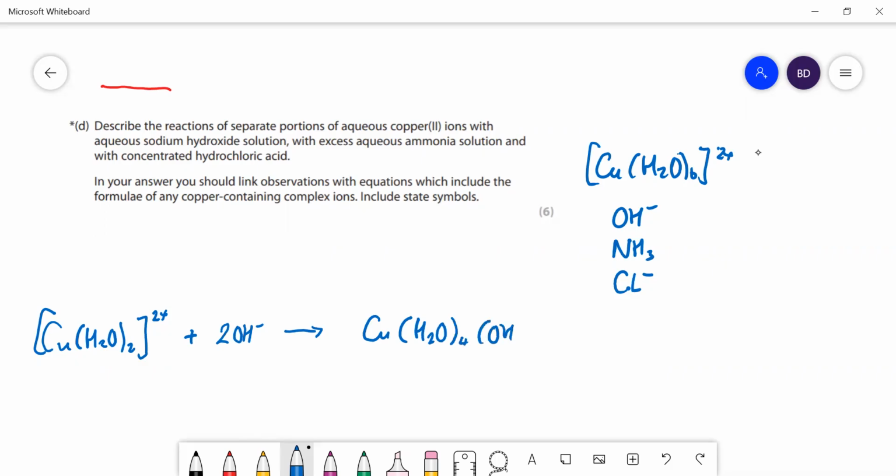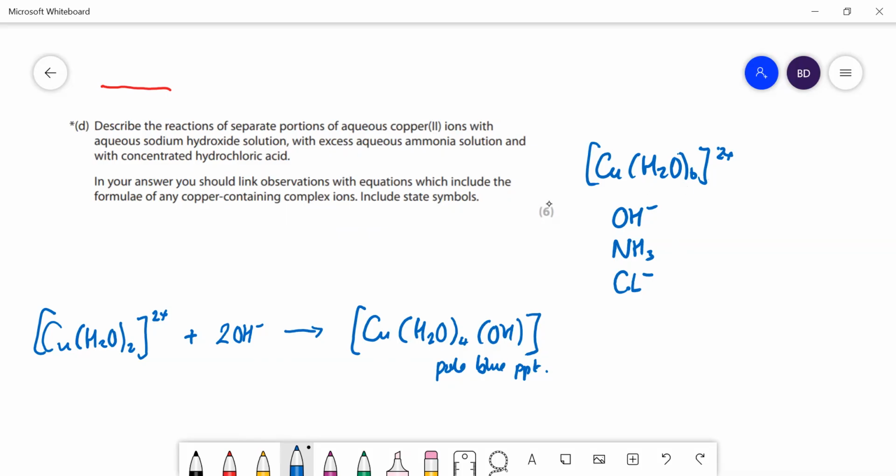It's an acid-base reaction, and this is a pale blue precipitate.